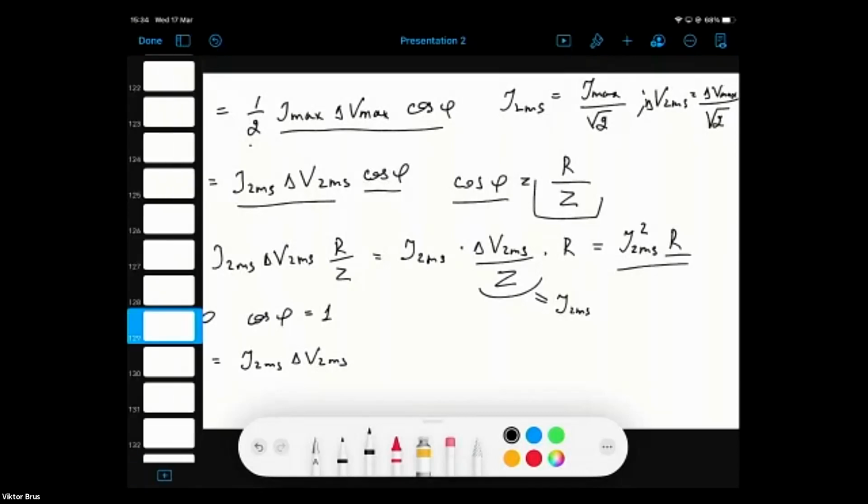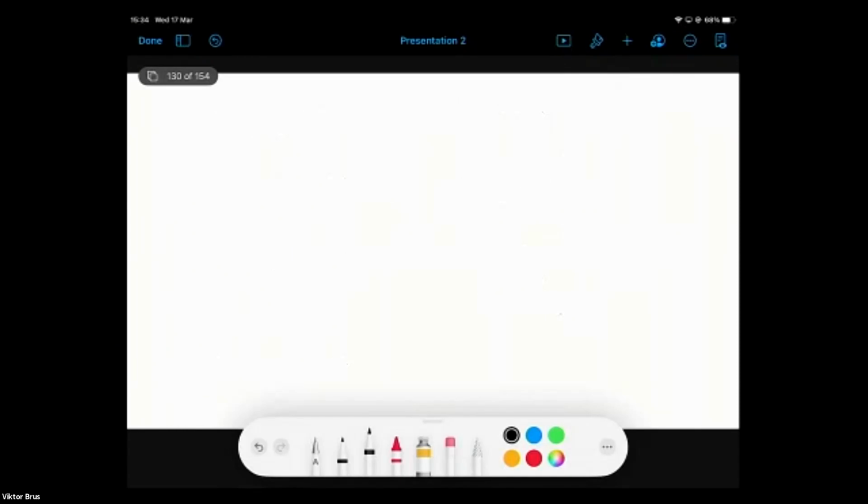Then let us go to another slide and we will consider resonance in RLC circuit. So we know that IRMS is equal to the ratio between delta V RMS divided by impedance of the AC circuit.